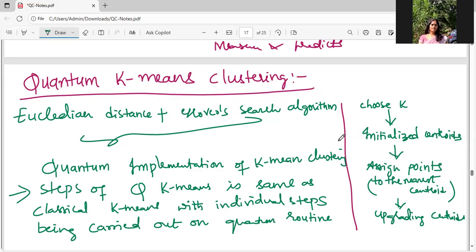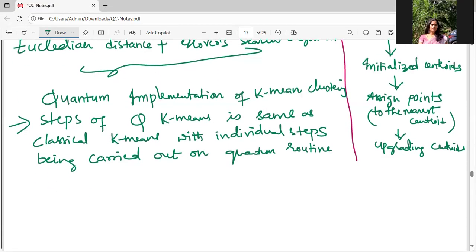Similarly here, the steps are similar to k-means clustering, but the only thing is those steps are carried out on a quantum routine rather than on a classical routine.